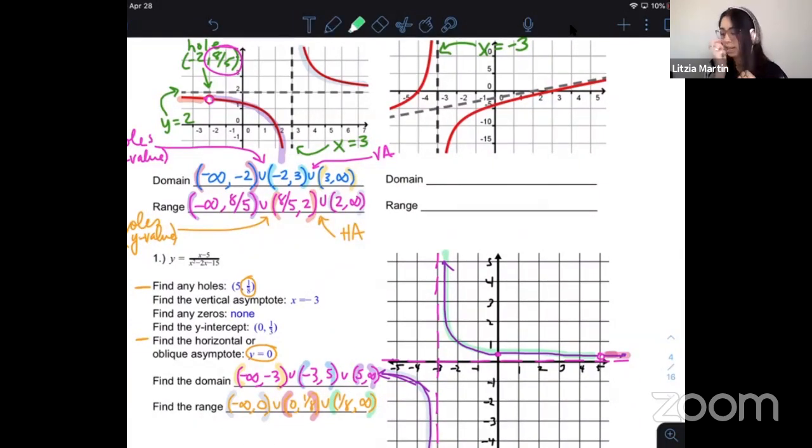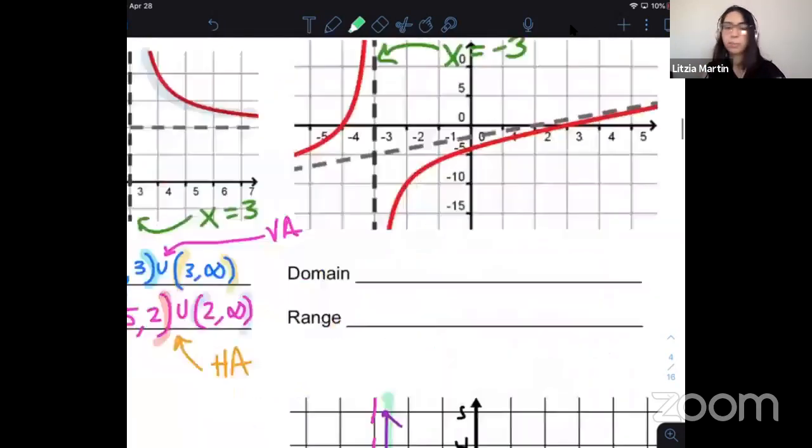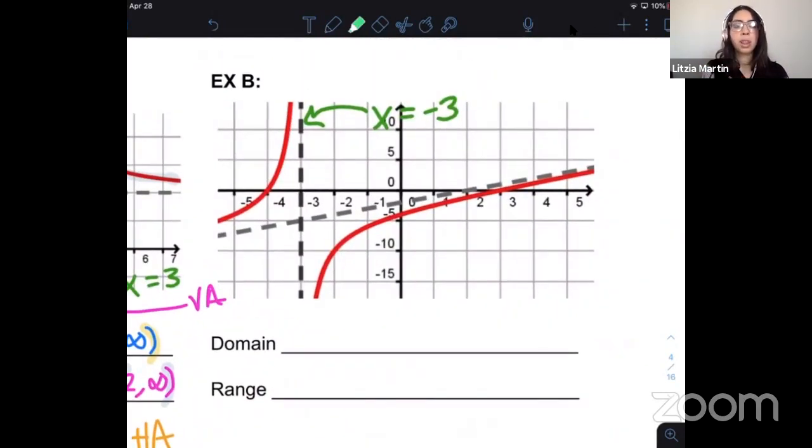Okay, let's take a look at example B here. You can see it has a slant asymptote. The slant asymptote is not going to change anything when it comes to the domain. So for the domain, we're still looking for holes and we're still looking for vertical asymptotes. This graph does not have a hole in it.